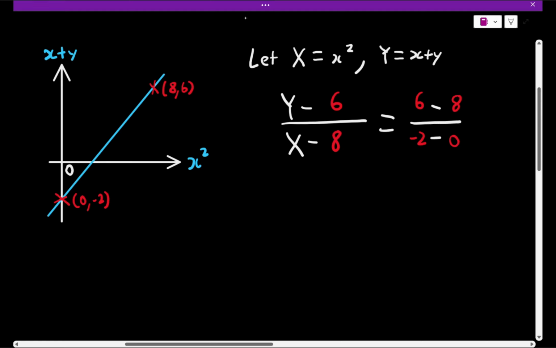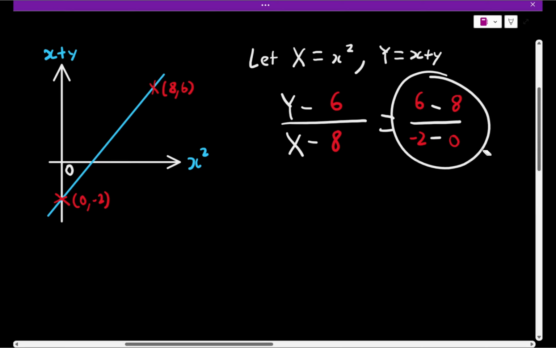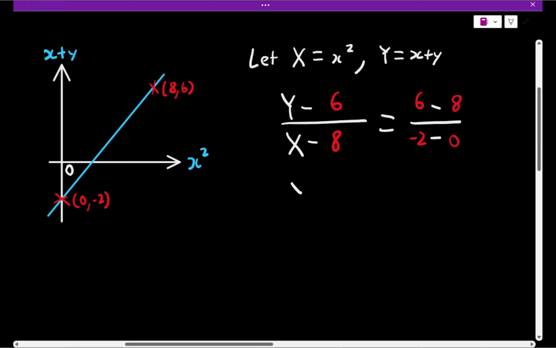Alright, so next thing to do is to simplify this number right here. Let's just use a calculator. So we have 6 minus -2 over 8 minus 0. This is equal to 1. That's very nice. So Y minus 6 over X minus 8 is equal to 1.